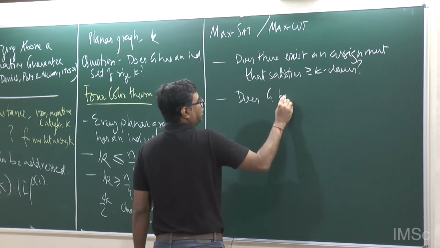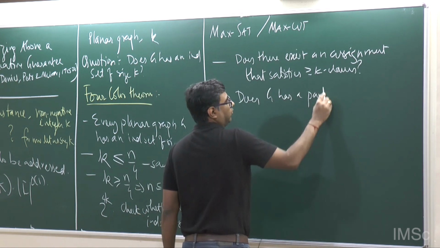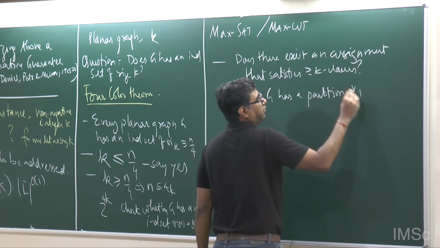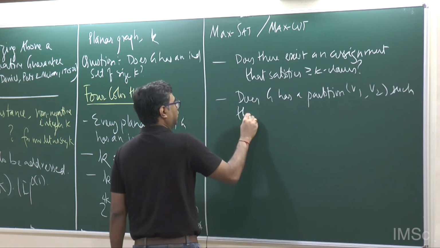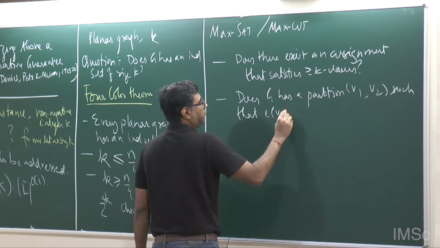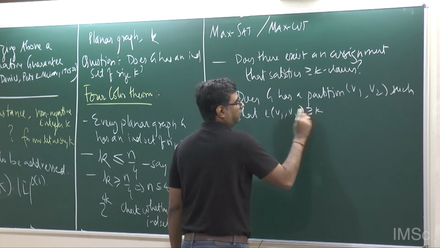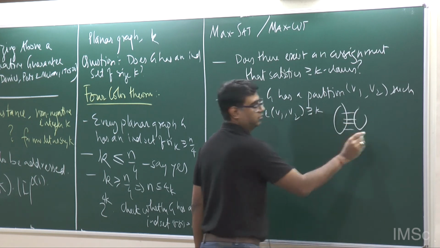Does G have a partition V1, V2 such that E(V1, V2) is at least k, where this means cut edges.